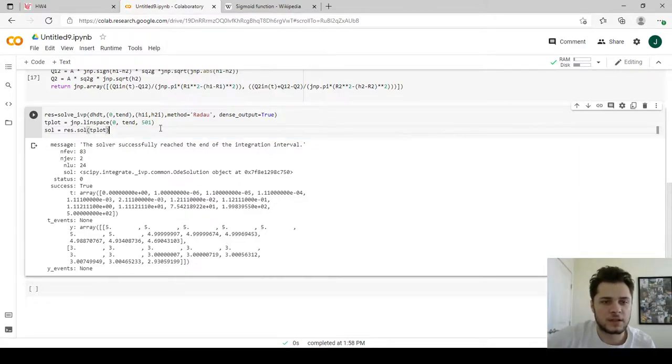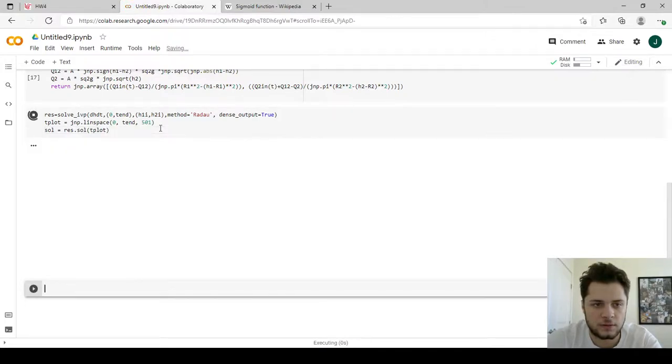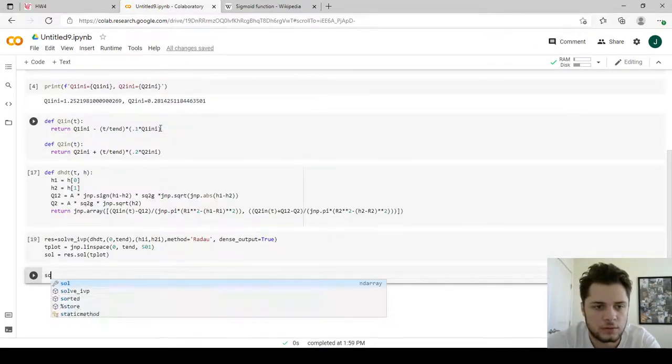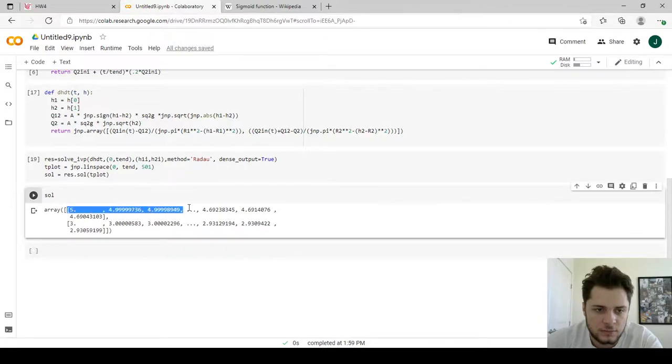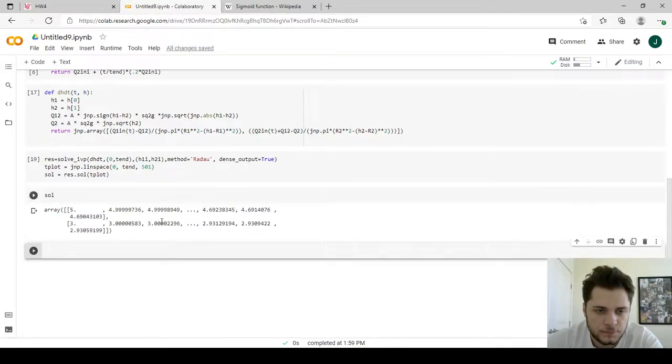So for tplot, shift enter, sol. Those are the heights for every single second, and there's 501 of them. So now let's graph this.